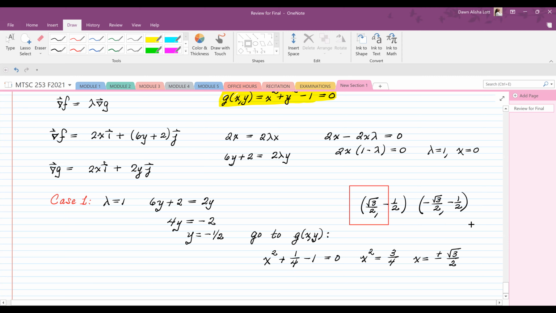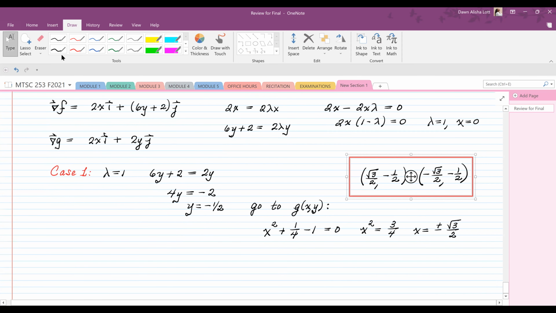Then you have case 2, x is equal to 0. And when we write it out like that, we have to put case 1 and case 2. This is OCD.